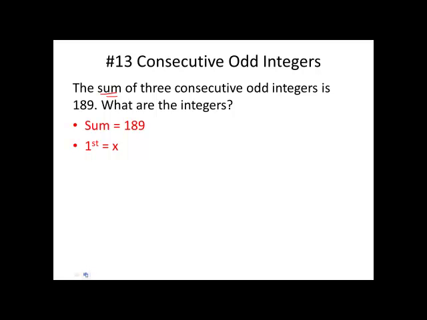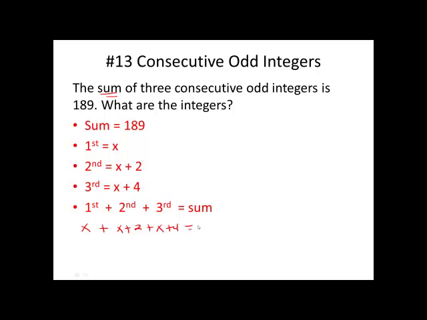We'll call the second integer x plus 2 because it's 2 numbers past that first one. Then we'll call the third integer x plus 4. So our general equation, first integer plus the next odd integer plus the next odd integer equals the sum of 189. Or x plus x plus 2 plus x plus 4 equals 189.